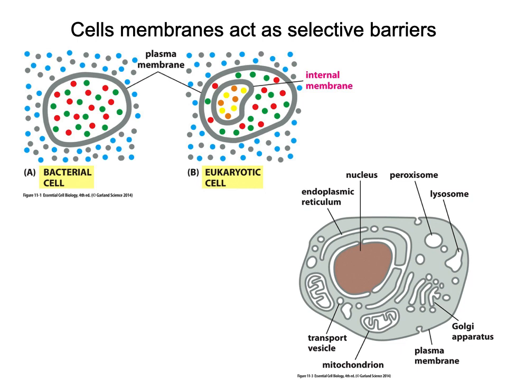So if we're talking about proteins, or if we're looking at the plasma membrane, we want to make sure that we're using the correct terminology. Yes, it is a cell membrane, but if it's something specific to the plasma membrane, we're using the proper terminology.